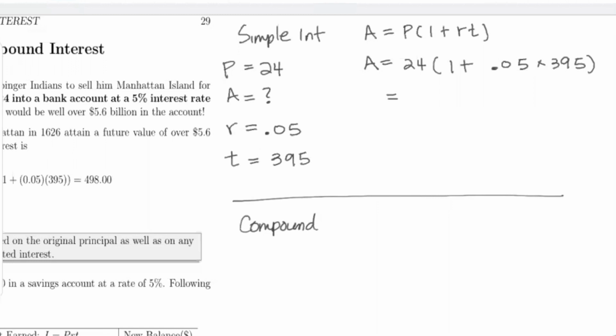So you have to have these keys. Here's a parenthesis, here's a parenthesis. So you just type 24, open parenthesis, 1 plus 0.05 times 395, and a close parenthesis.